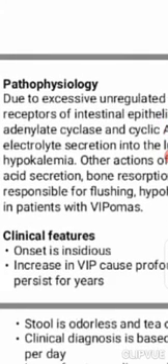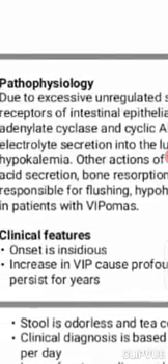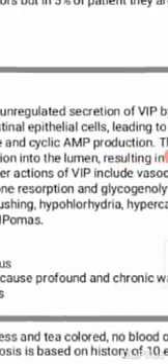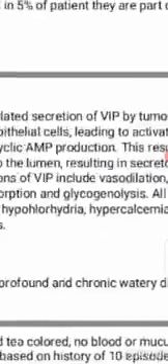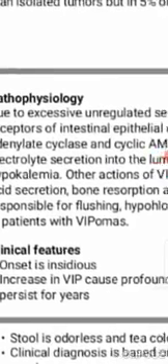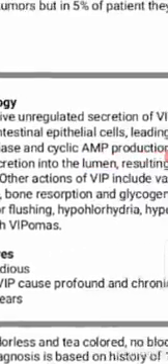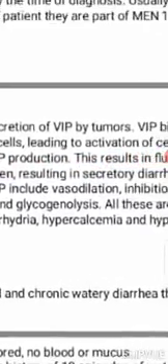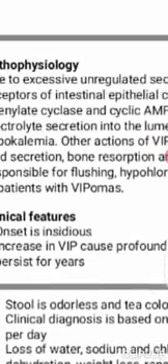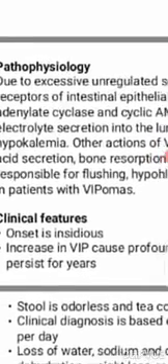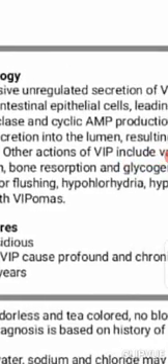Now, I've told you that the symptoms or the problem is actually due to excessive, unregulated secretion of VIP by the tumor. This tumor produces a lot of VIP, and we have receptors of VIP everywhere in the body. Now, the effects will be that this VIP will bind adenylate cyclase.